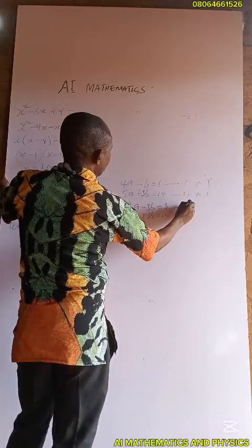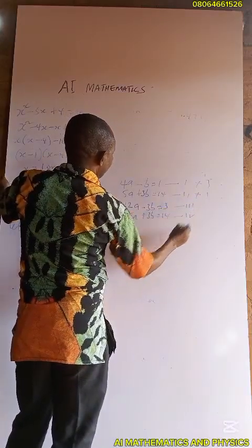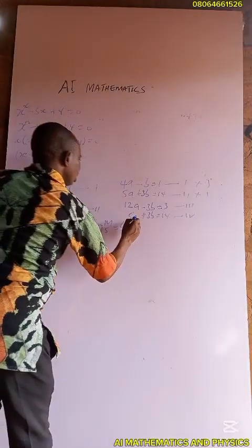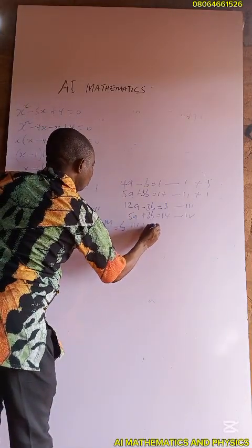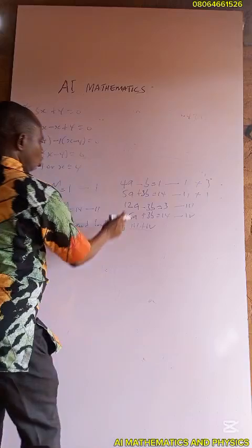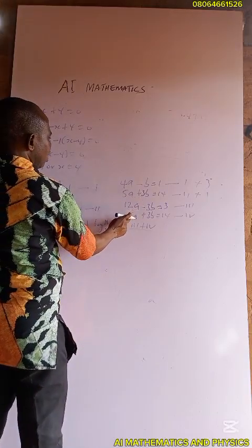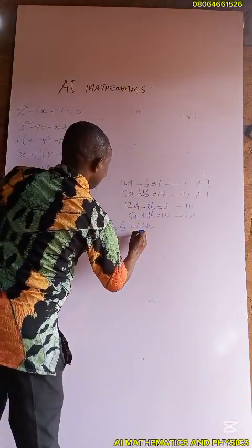This is equation 3 and equation 4. Add equation 3 and equation 4 together. 12a plus 5a is 17a.